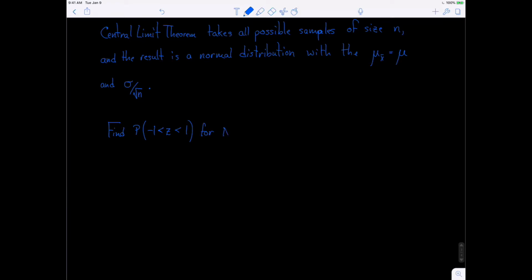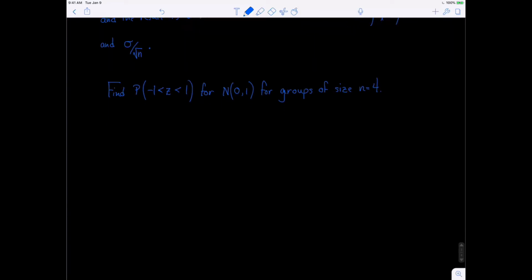This is just a normal distribution, so the mean is 0 and the standard deviation is 1, for groups of size n equal 4. Okay, so let's try this.